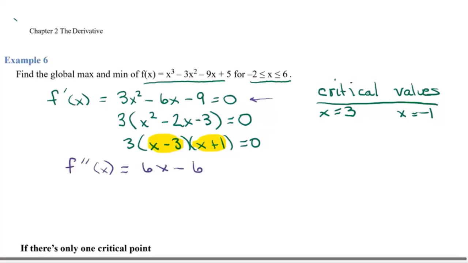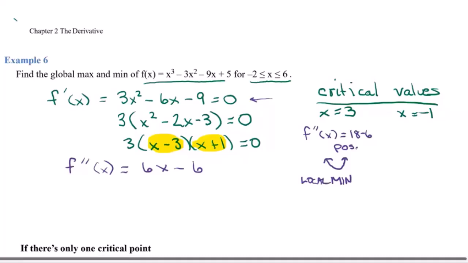If we plug in x equals 3, we would get the second derivative equals 18 minus 6, which is positive. If it's positive, it's concave up, and it's a minimum. It's a local minimum.